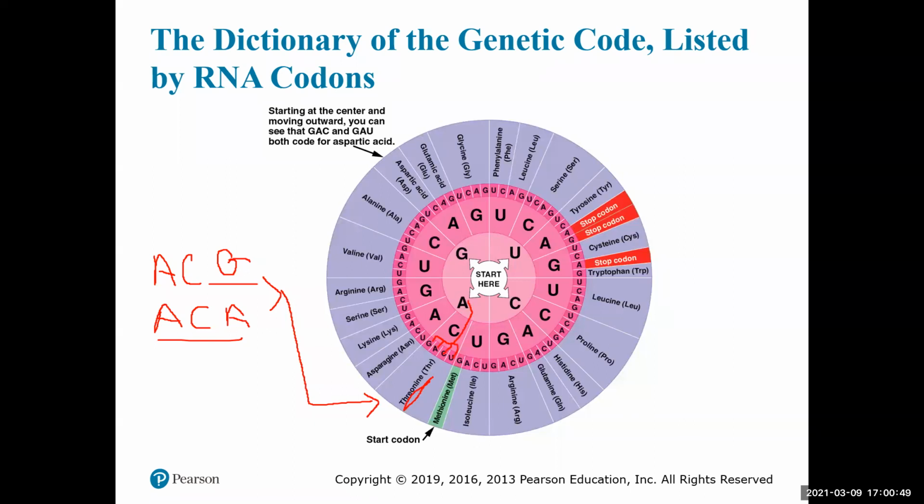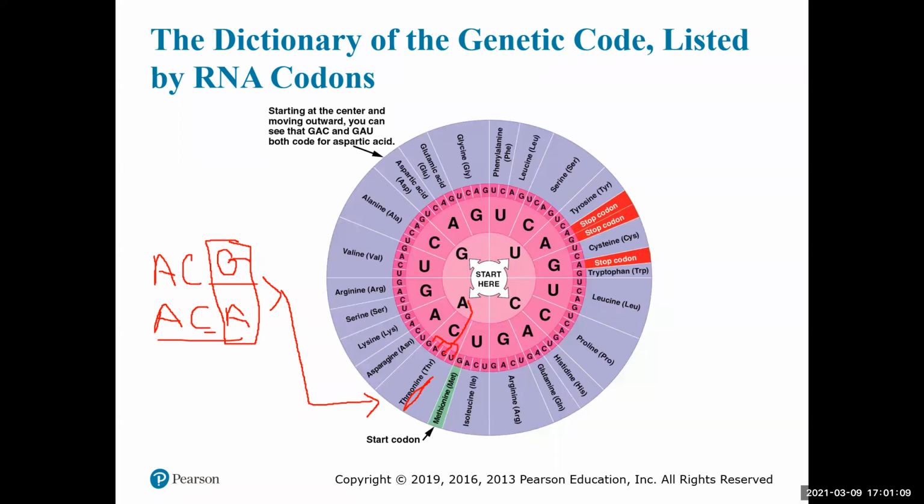That means that you can have some mistakes, but the protein will still work and function like it's supposed to. So generally at the third position of the codon, you can get mutations that aren't necessarily detrimental. They don't really change anything.